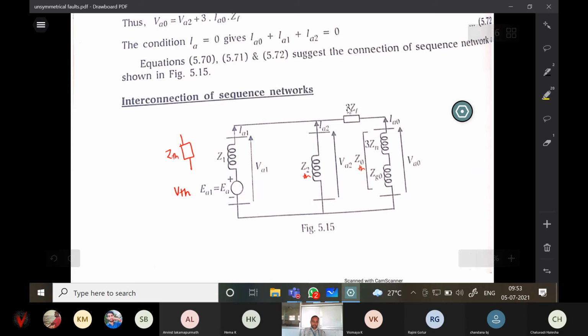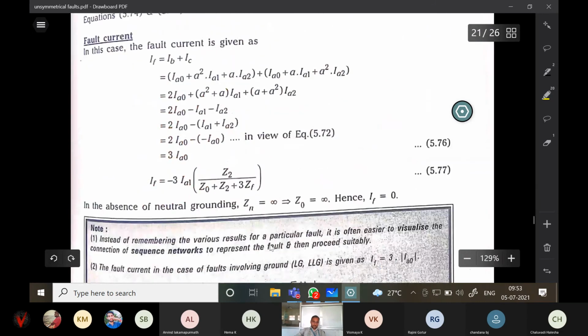The remaining terms are all the same, and finally you will get the same fault current equation. There is no EA here. Same equation for this derivation also.